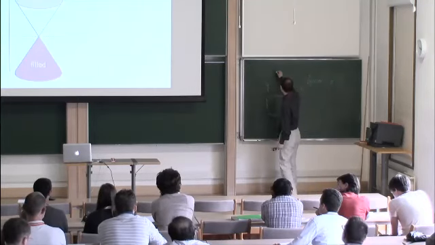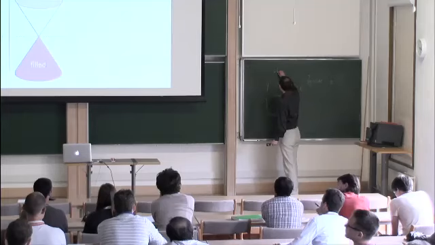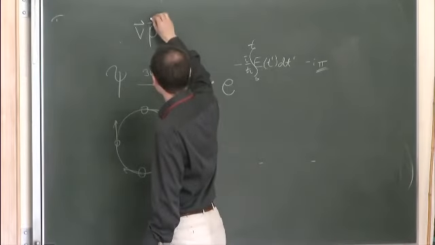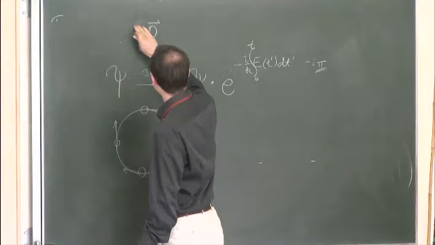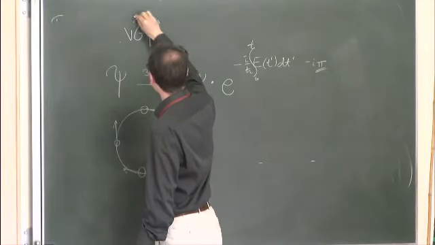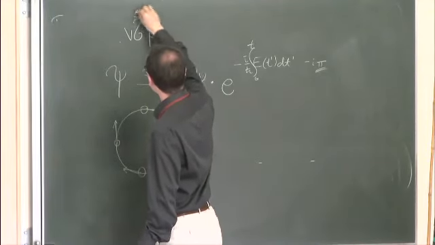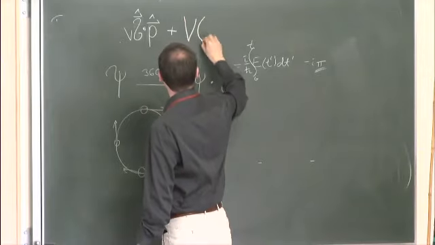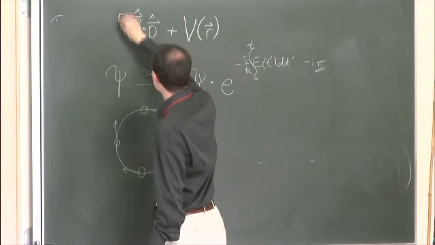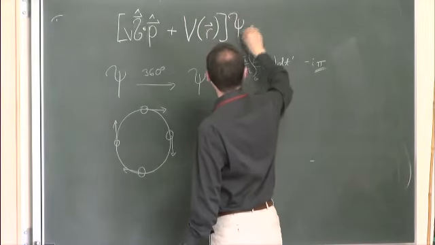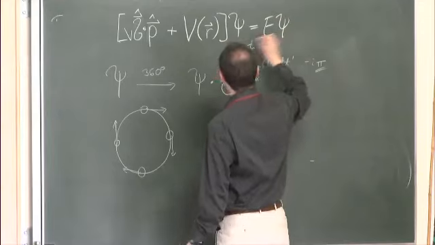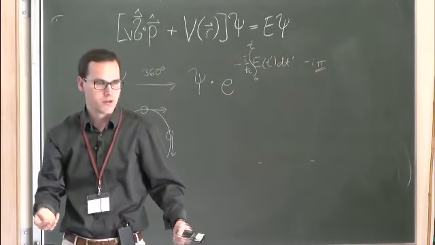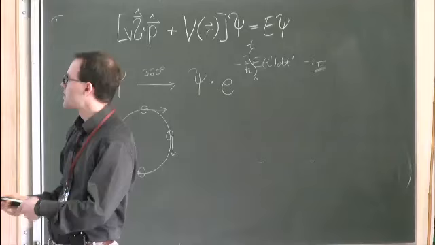So I would have v times sigma times the momentum, plus the potential energy that depends on the position. Everything that happens is that I shift the band structure up or down. So that's the picture you should have.